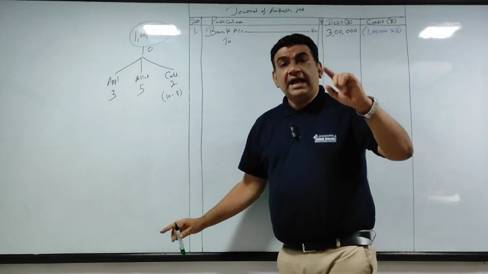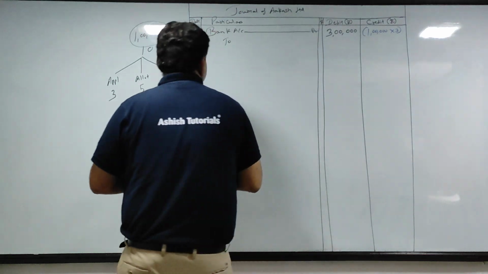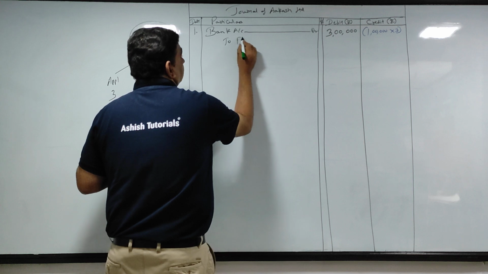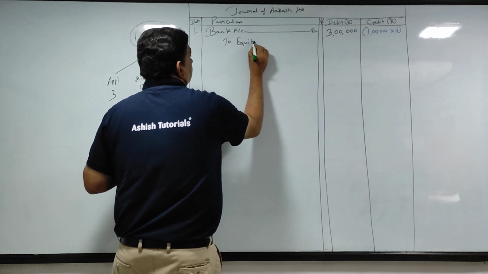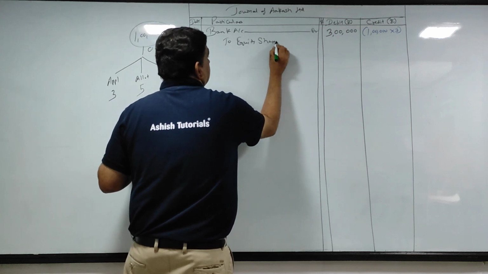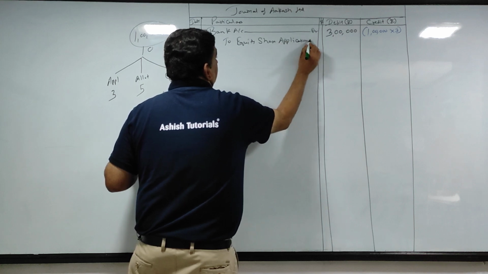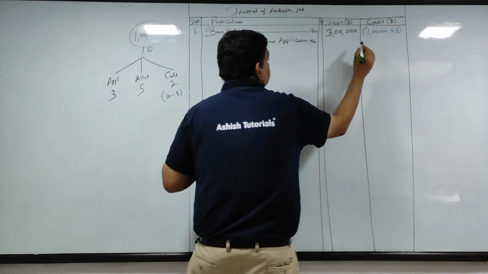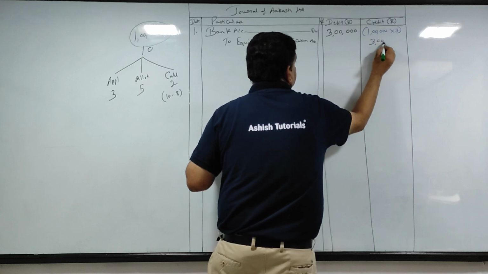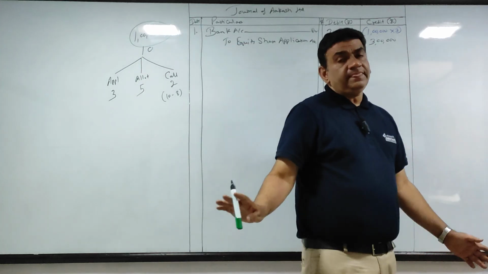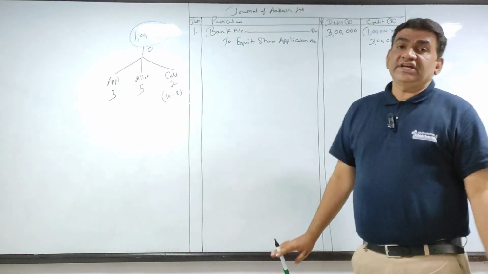Application money. Application money on shares, and here it is equity shares. So I use the word equity share application account. Some professors use the word share application. That is also okay, but there are preference shares also.